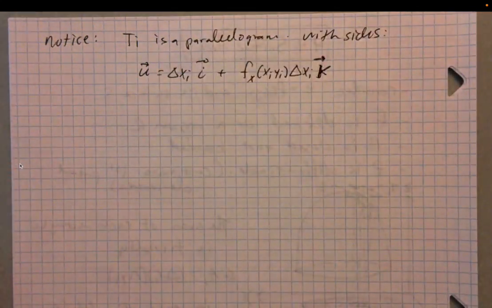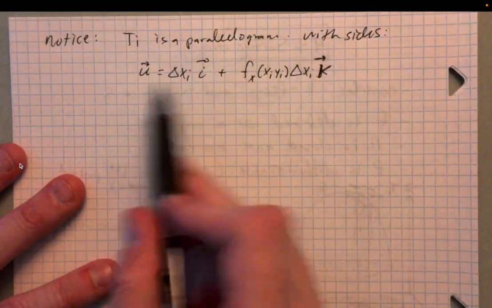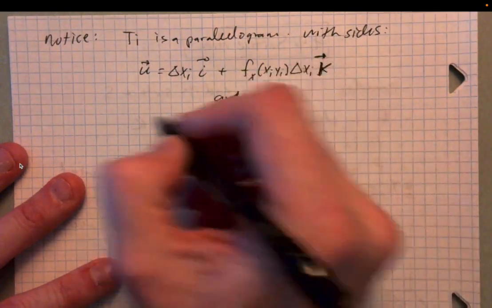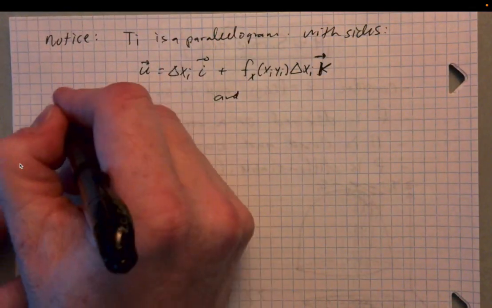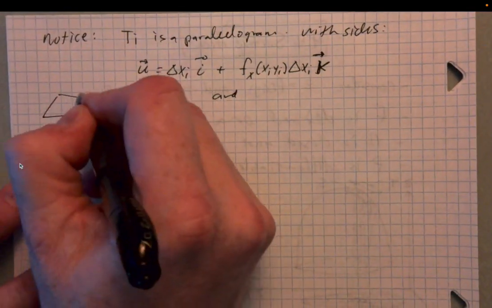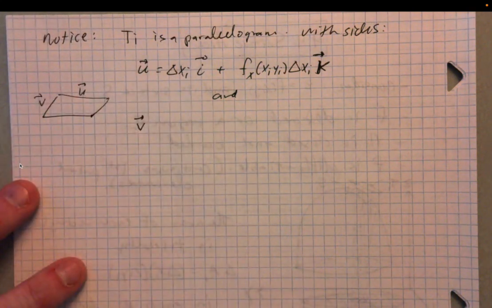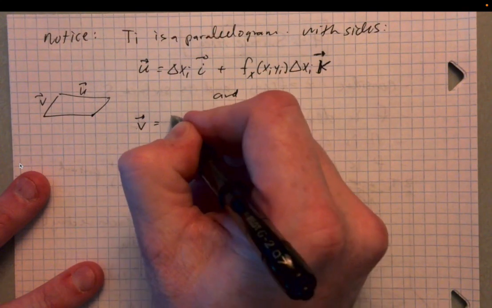Okay. And the other side, maybe this is the long side of the parallelogram. The short side, which maybe we'll call V. And again, long and short doesn't matter. Parallelograms will tend to have opposite sides. So maybe we'll call this one U, this one will be V. V has a similar formulation.